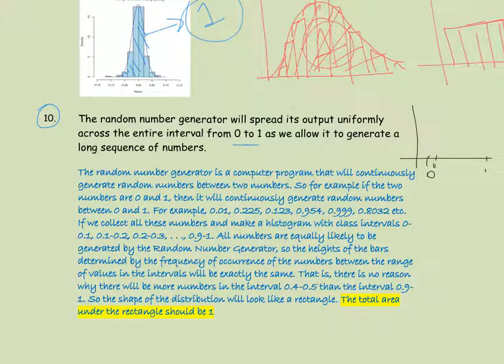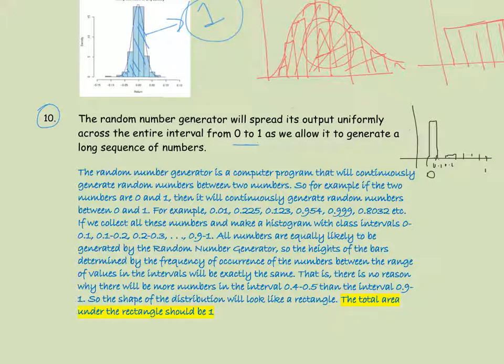So let's say 0.0 to 0.1, 0.1 to 0.2, 0.2 to 0.3, and so on, and each of these numbers generated by the random number generator falls into one of these intervals. So for example, if it is 0.225, it falls between 0.2 and 0.3, and we collect lots and lots of numbers and then make a histogram out of it.